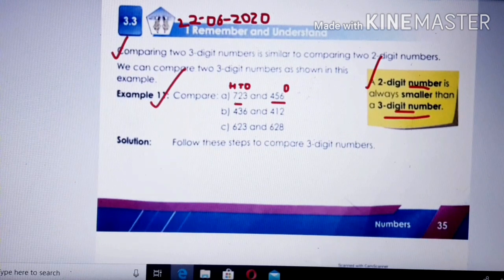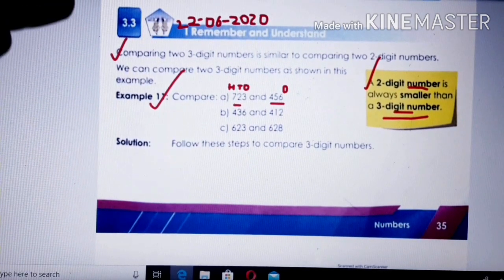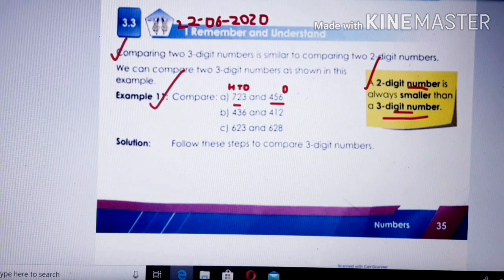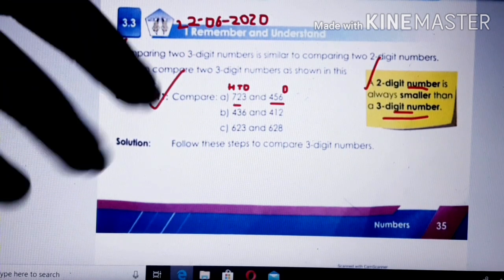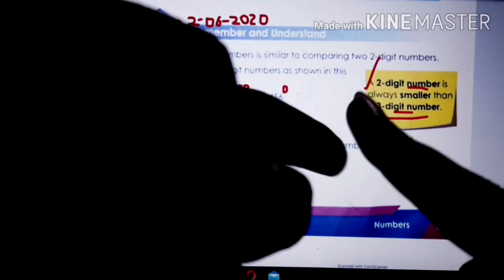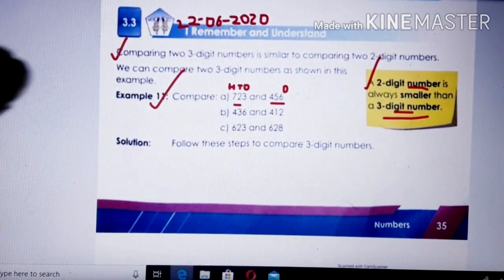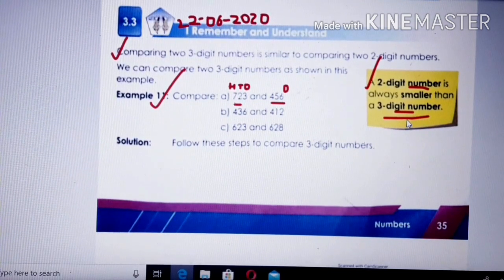Take out page number 35 of your book. Today again we will revise how to compare two numbers. Before comparing the two numbers, children, we have to count. Step 1, we have to count the number of digits. If you get one 2-digit number and the other 3-digit number, it is very clear that the 2-digit number is smaller than the 3-digit number.